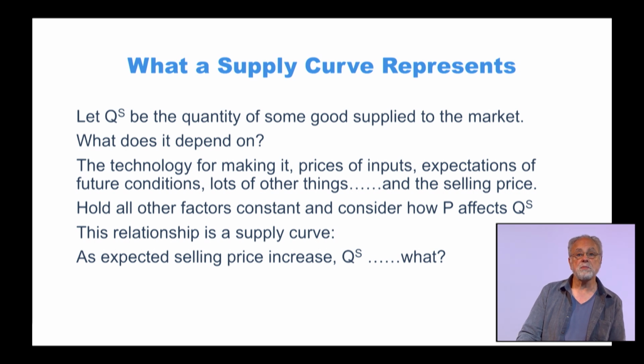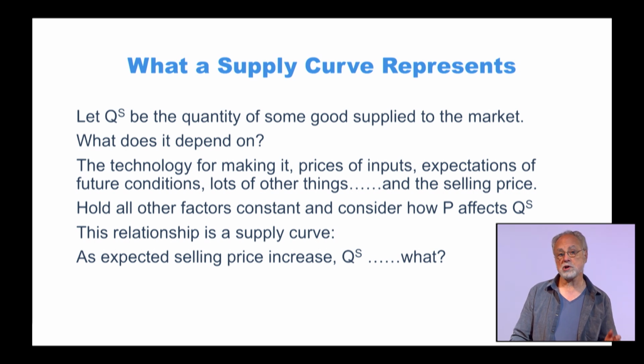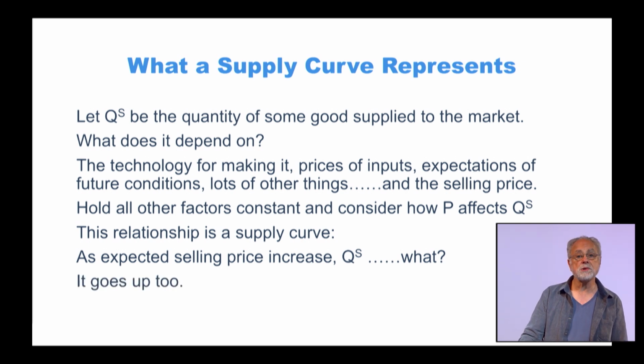So as the price charged in the market goes up, what do you suppose will be the response of suppliers? Will they supply more or supply less? Well, it goes up as well, typically. Normally, if you think you can get more money for producing and selling something, you'll supply more of it.